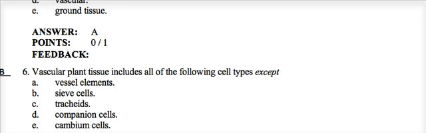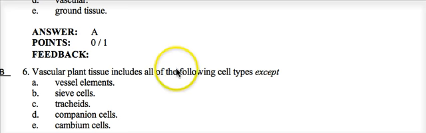Vascular plant tissue includes all of the following cell types except: vessel elements, sieve cells, tracheids, companion cells, or cambium cells. So, what do you think? Before I tell you the answer, let's think through what these things are.